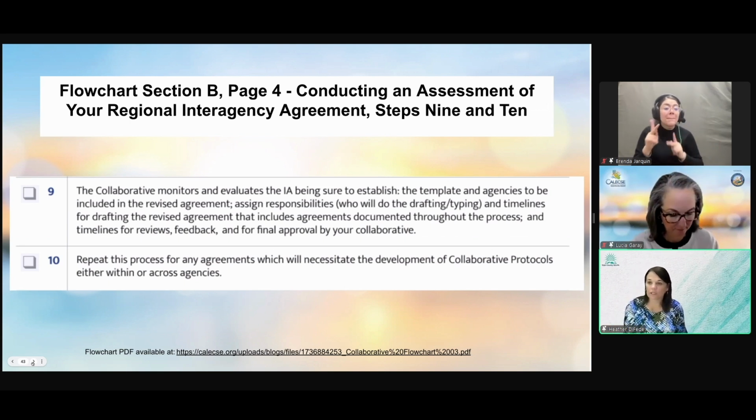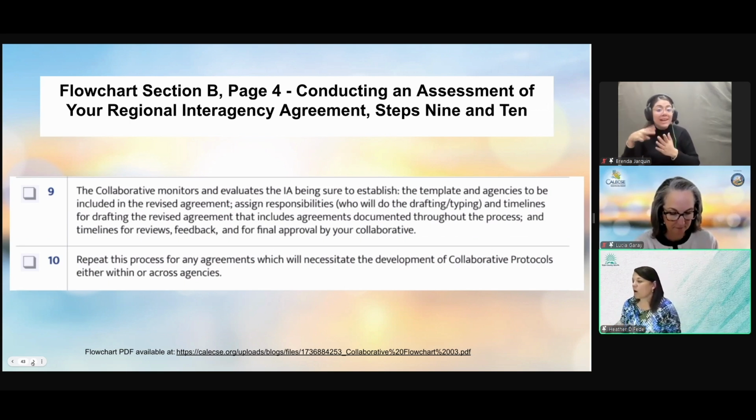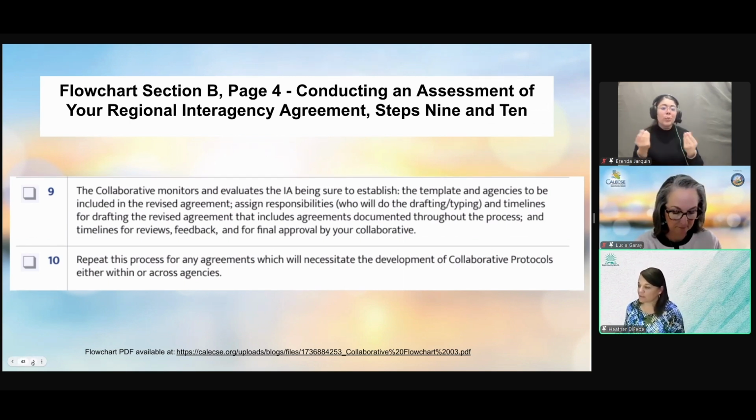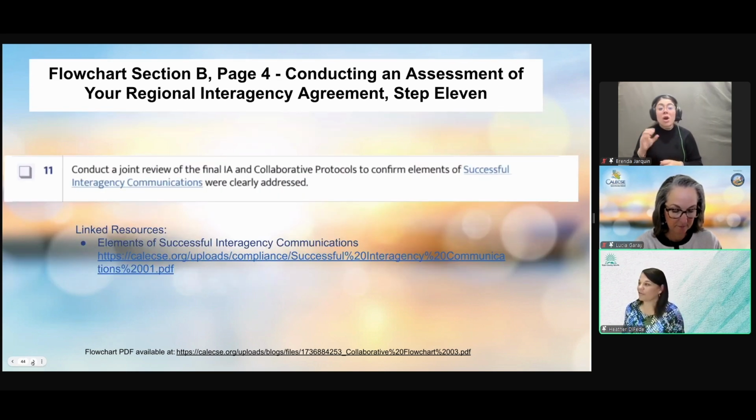We decided who was going to be in charge and hold the master copy for all of the edits. All of those tiny details help this process go smoothly. And again, you just repeat it for any process. This whole process is really good for all of your different reviews, activities, and agreements.